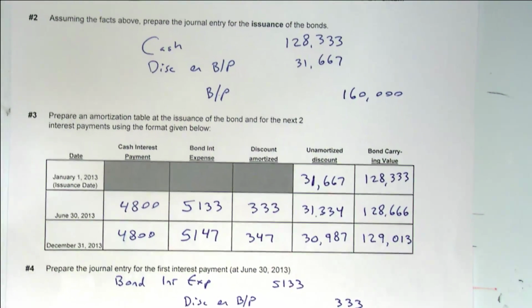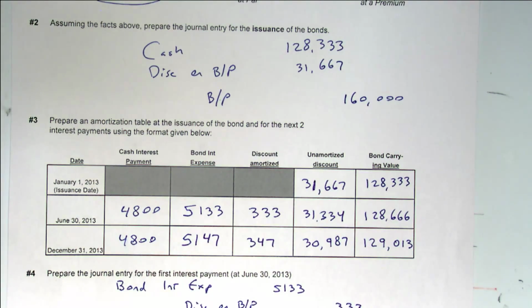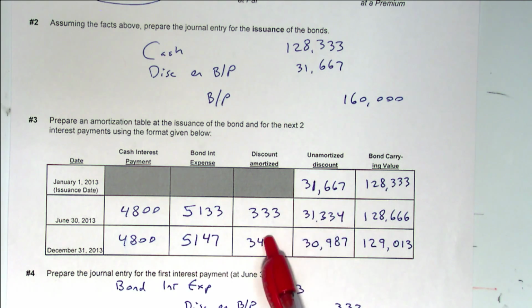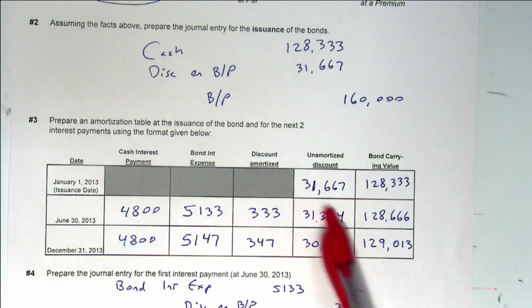Let's take a look at the amortization table. A lot of people got this wrong, okay? I was trying to think of a nice way to say that. Now remember, this minus this equals this. This minus this equals this. Some people started adding that, okay?